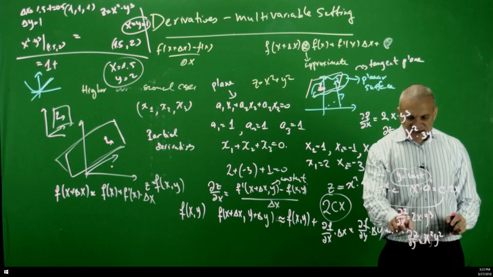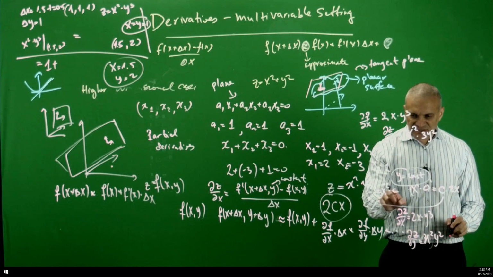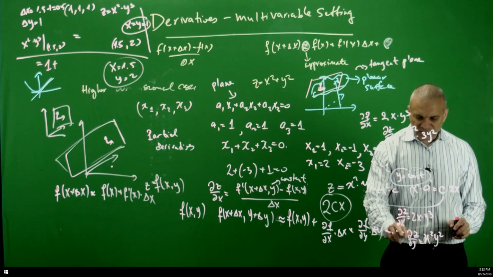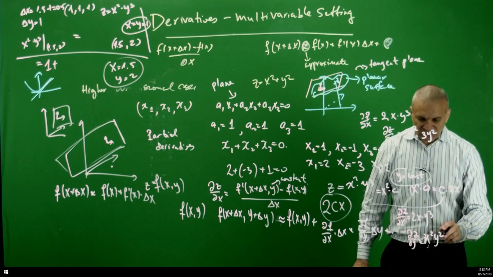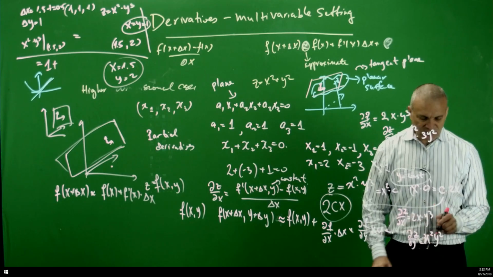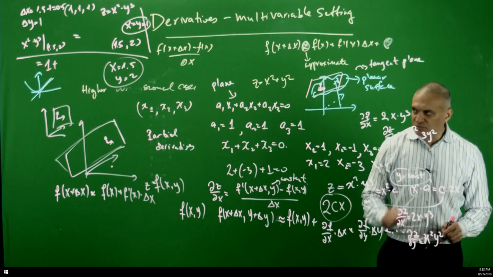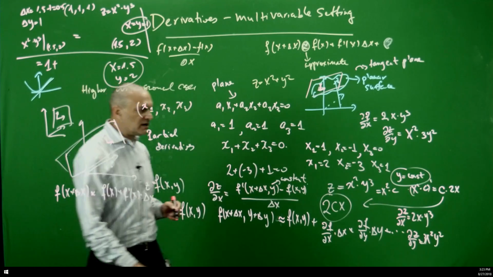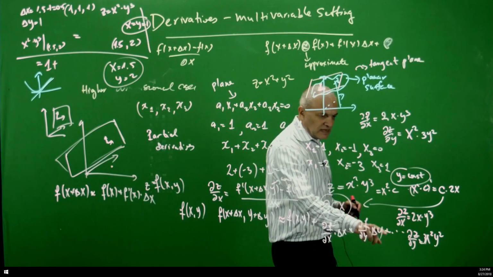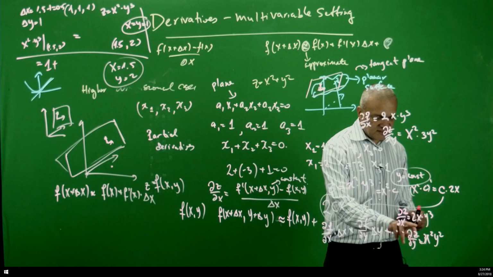Because when you derive by x, you keep y constant, so you're getting 2x times y cubed. And when you derive by y, you keep x squared constant, so you get 3x squared times y squared.